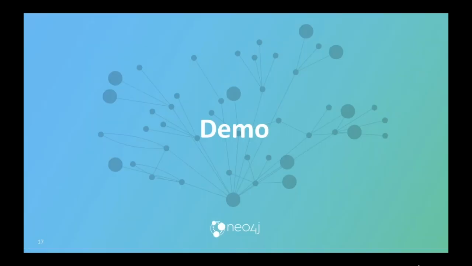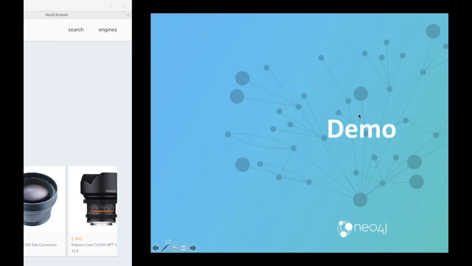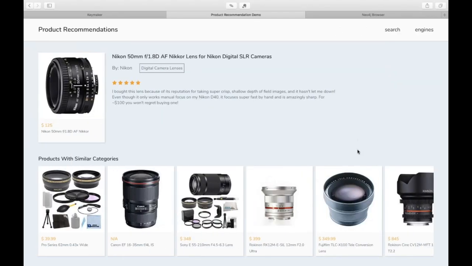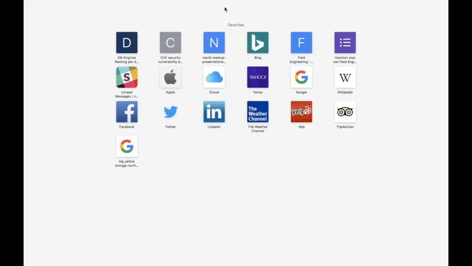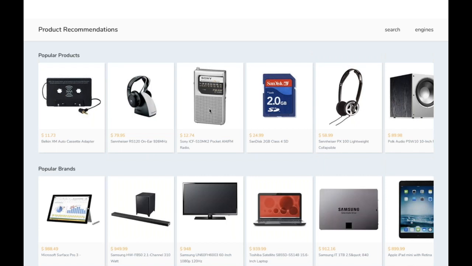So now we'll take a look at a quick demo. Okay, so here what we see is a representation of a retail site. We'll start with a clean slate.